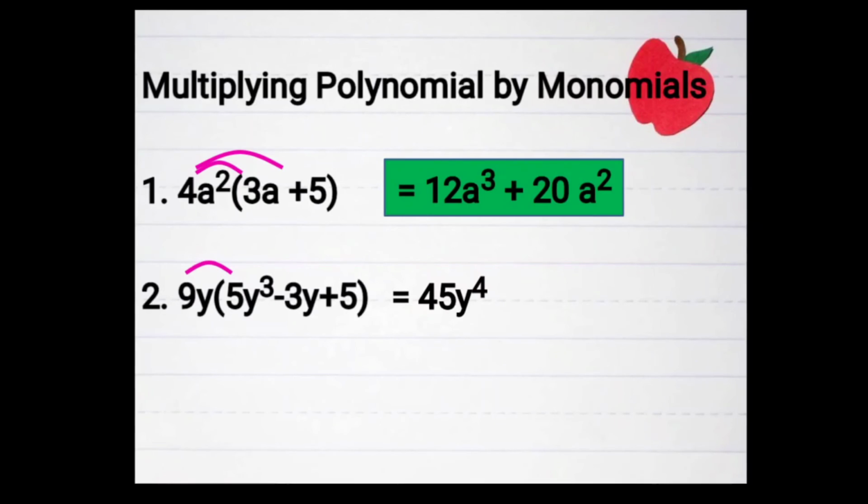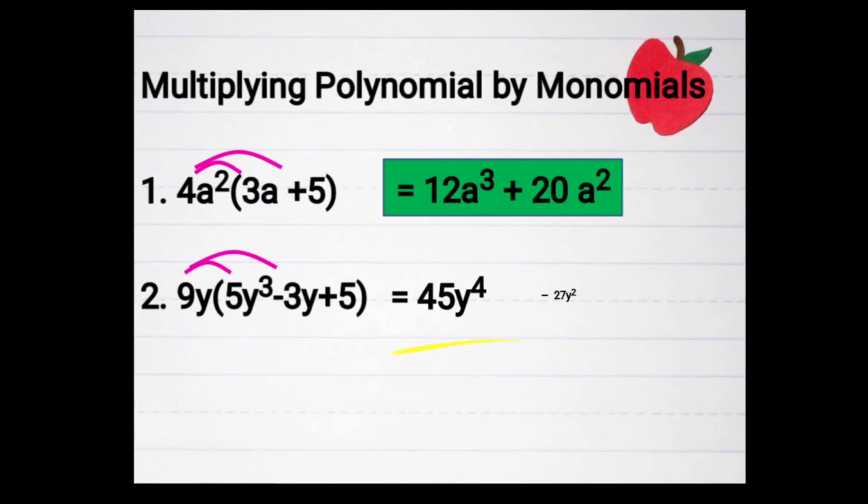Next, 9y times negative 3y. 9 times negative 3 is negative 27. That's why you have to put here negative 27. Then y times y, again, you have to add the exponent because they have the same base.